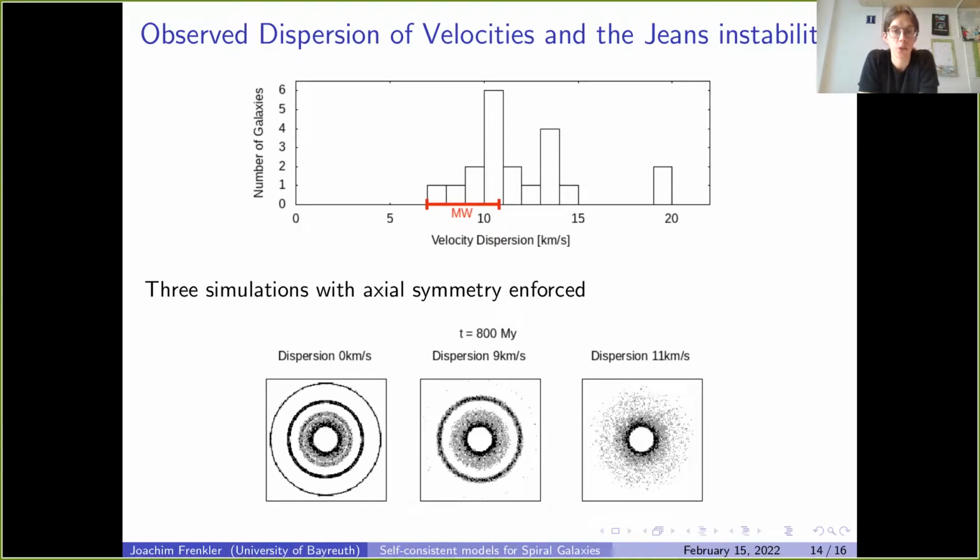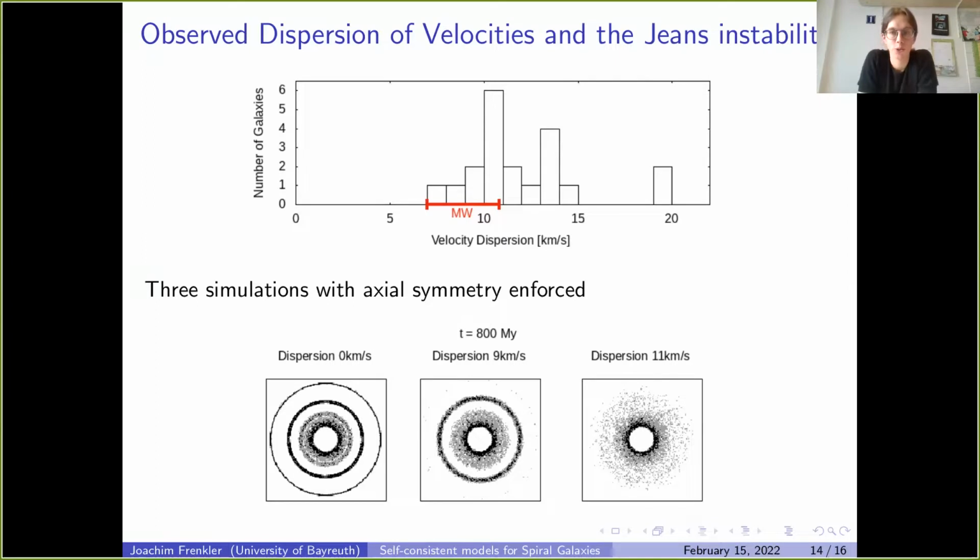And when you look at the value of this threshold, it coincides almost perfectly with the observed dispersion of velocities in the Milky Way, in spiral galaxies in general. So this is an explanation why the dispersion cannot be reduced any further.